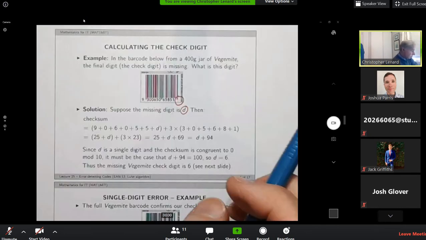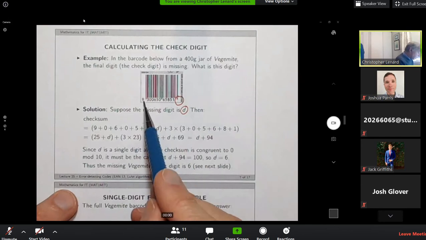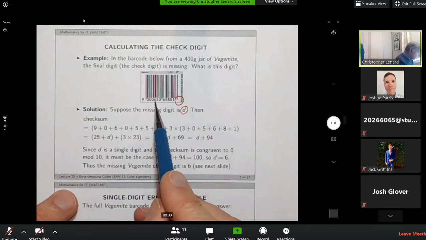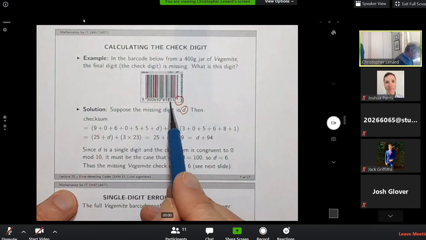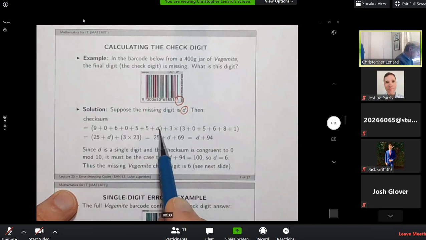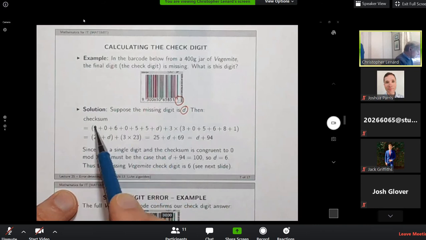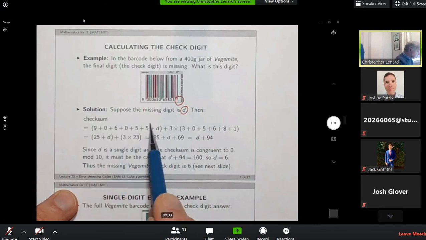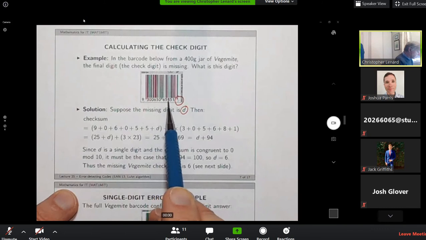The odd positioned digits are 9, 0, 6, 0, 5, 5, and then the missing one, D. The digits in the even positions are 3, 0, 5, 6, 8, 1.